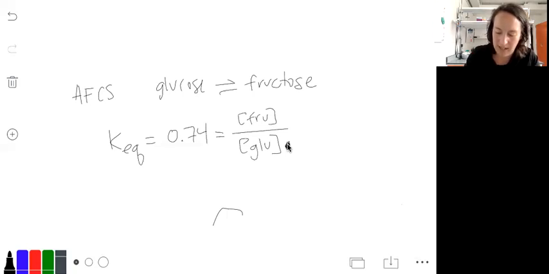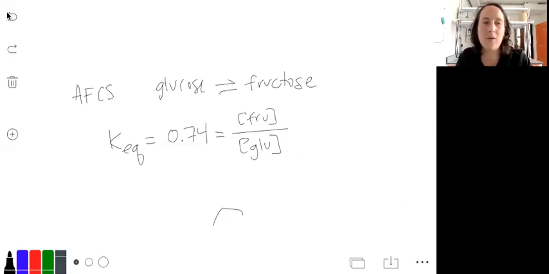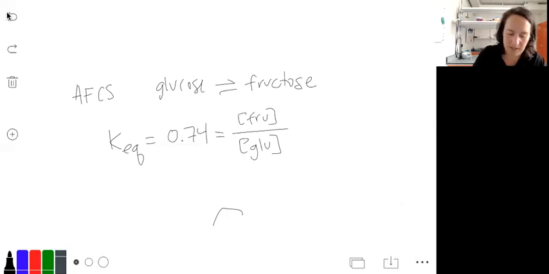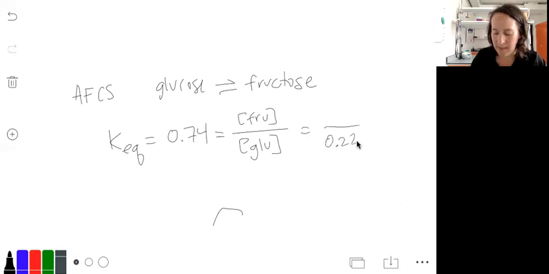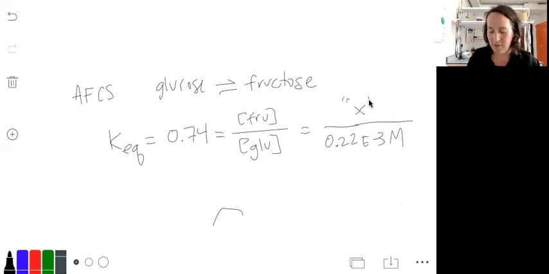So my question I would ask to you, and this is kind of looking at question 2 at the end of the chapter, is if the system is at equilibrium and glucose is 0.22 millimolar, what must be the concentration of fructose? So if we're at equilibrium and the concentration of glucose is 0.22 millimolar, and remember milli is E-3, so I could just go ahead and write E-3 molar, what is the concentration, which I'm going to call X, of fructose?